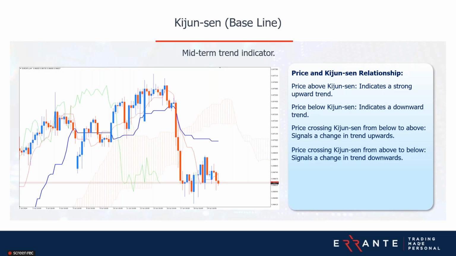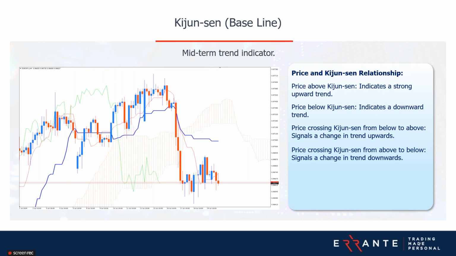When the price crosses Kijun-sen from above to below, it signals a potential downward trend. This is what you can see happens here, and it's accompanied by a crossing between the Tenkan-sen and Kijun-sen as well, which, as we mentioned, can add credibility to our signal here.